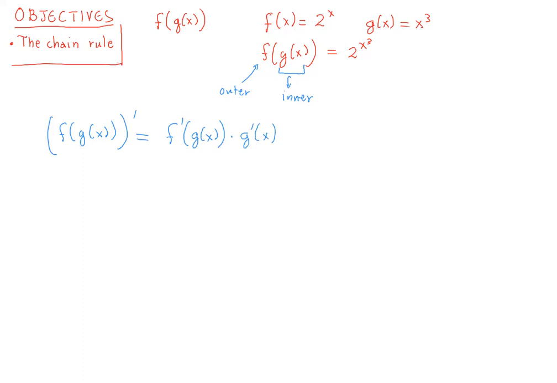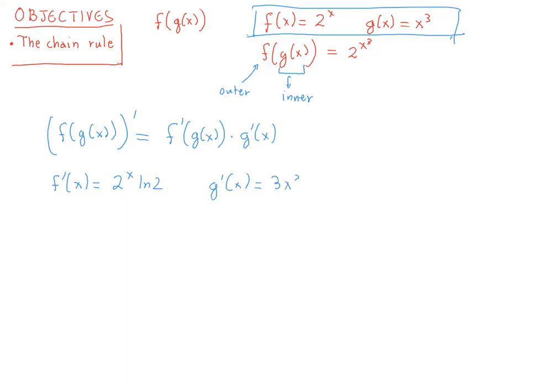Let's see how that would work for the example that we gave above. The derivative of f of x would be 2 to the x ln 2, and the derivative of g of x would be 3x squared. That's what we need to know.